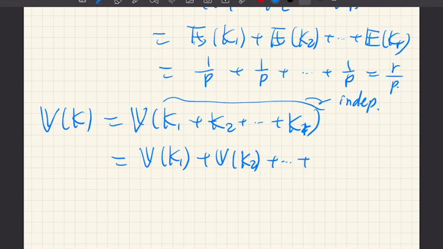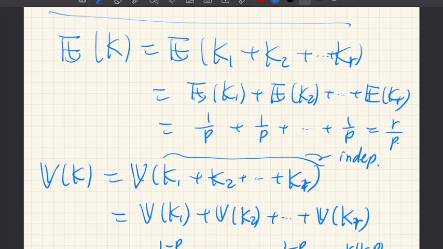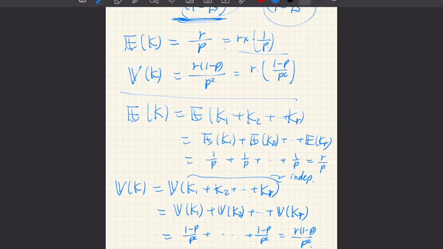If they're not independent, we cannot do this. So that is r times (1 - p) over p squared. Same thing. So that is the negative binomial distribution.